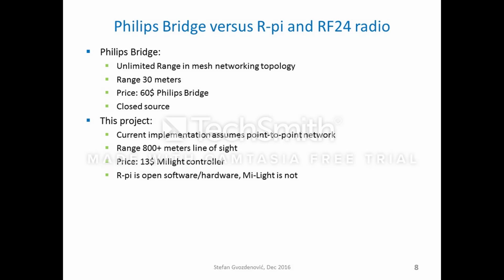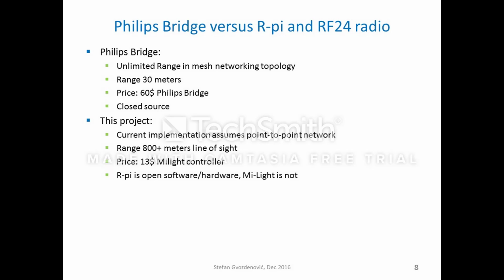The good thing about Zigbee is that it uses encryption, while MyLight doesn't use encryption. Another thing with Zigbee is that it can form mesh networking topology, which practically extends the range of the Philips bridge to be unlimited.